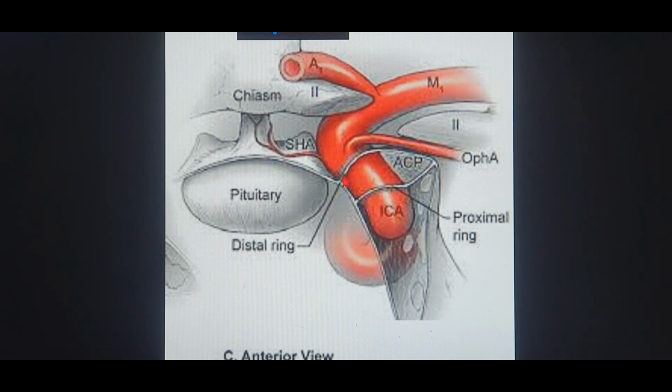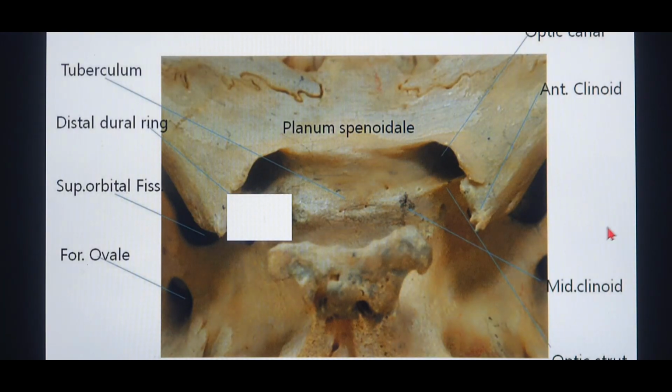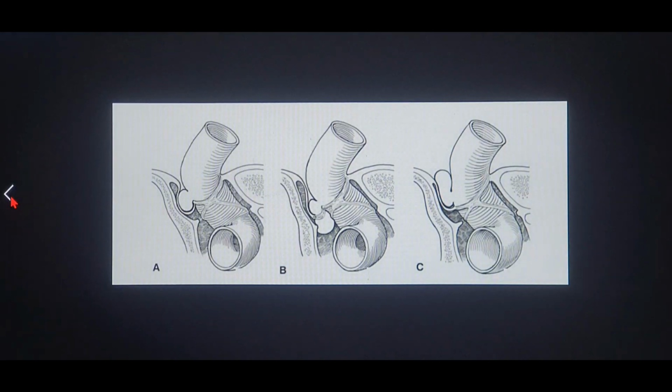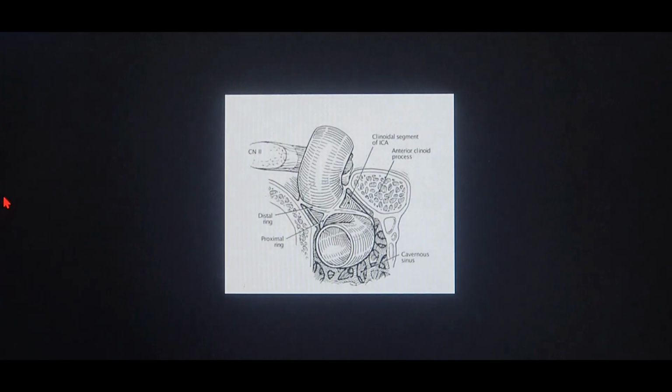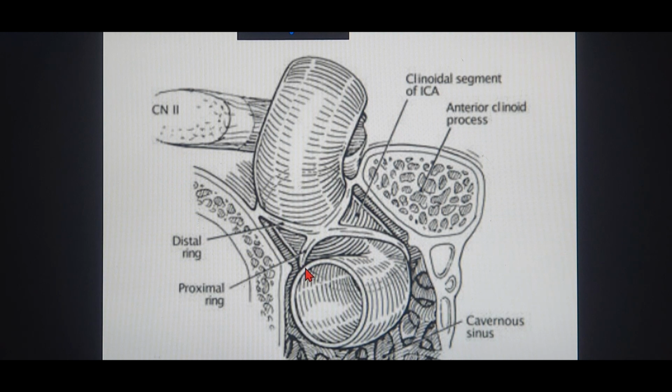Similarly, the distal dural ring will also have a weakness, or you can say an area of opening, posterior medially. That's the area of weakness called the carotid cave. So that's the term called the carotid cave. If I can show you on a different photograph right here, as I was showing you some time back, this was the area where the distal and the proximal dural rings are fused together, but this was a medial aspect.